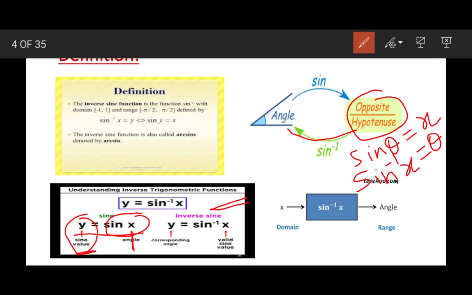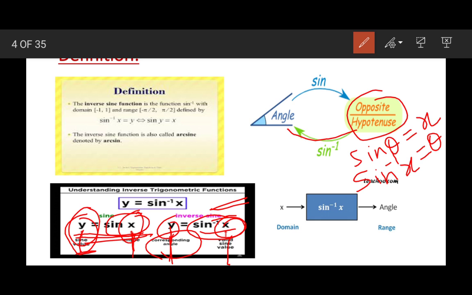So if y is equal to sine x, y is a value and x is an angle. But if it is sine inverse x is equal to y, in that case y is an angle and x is a value.